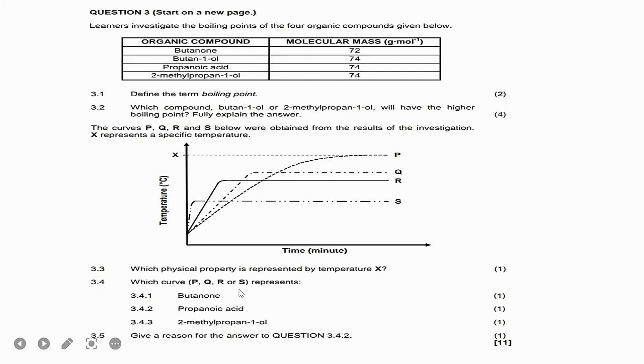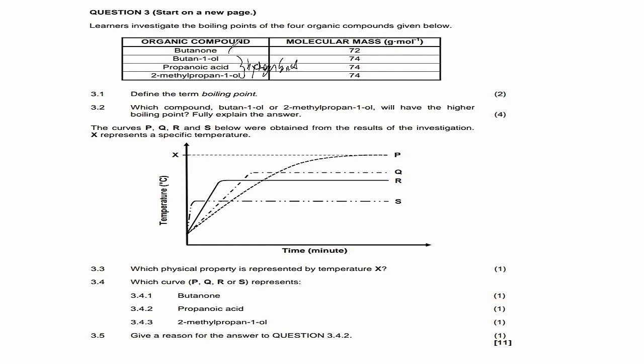3.4 says which curve P, Q, R, or S represents 3.4.1 butanone. Looking at all these organic compounds, the one with the weakest intermolecular forces is obviously butanone, because butan-1-ol, propanoic acid, and 2-methyl-propanol all have hydrogen bonds, which are the strongest intermolecular forces.